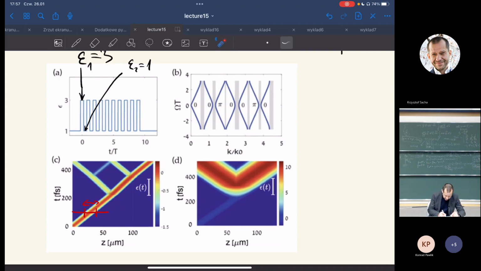And when we turn off the time crystal, at this moment of time, then at the boundary our wave packet also splits in two. Most of the wave packet keeps propagating in the same direction, but there is a certain reflection.